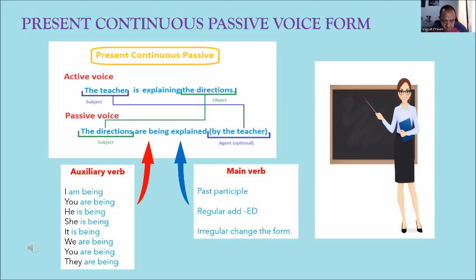Add am, is, are plus being as auxiliary verb. Use the past participle of the main verb. Add by plus subject of the active sentence. It is optional. Look at the example. The directions are being explained by the teacher.